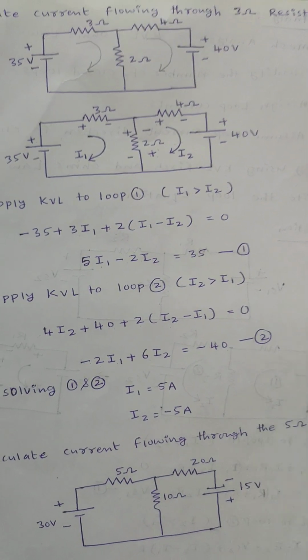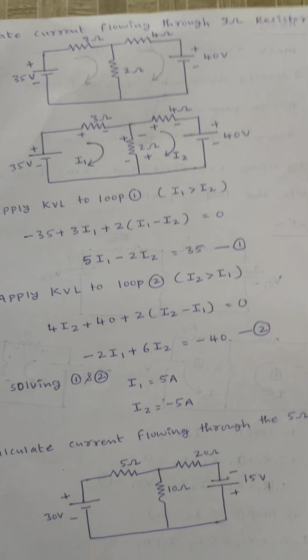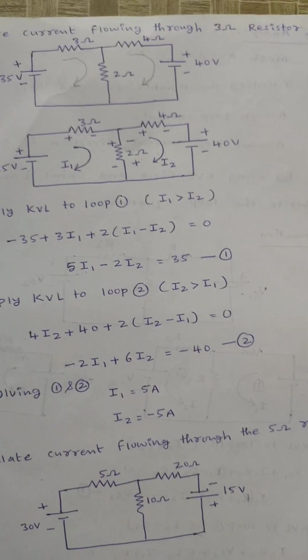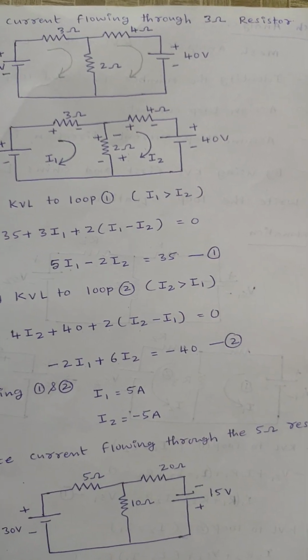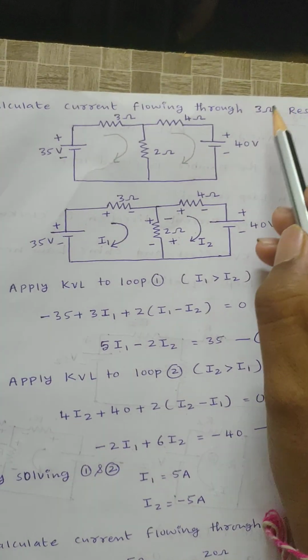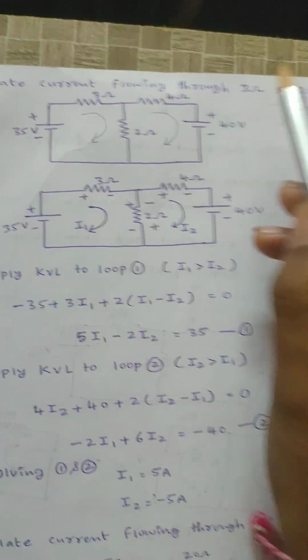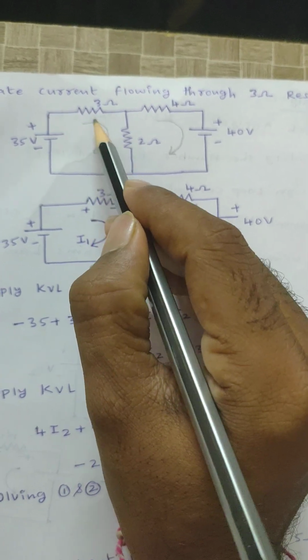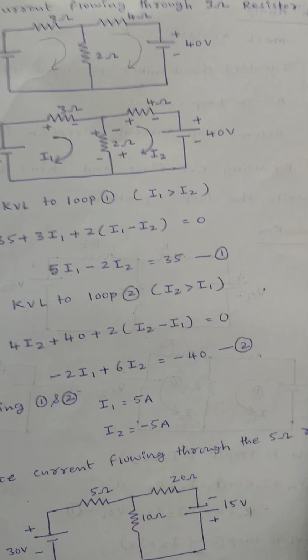This is equation number 2. While solving equations 1 and 2 in the calculator, you will get the I1 value as 5 amperes and the I2 value as minus 5 amperes. Here my aim is to calculate the current flowing through the 3 ohm resistor. The current flowing through the 3 ohm resistor is nothing but I1, which is equal to 5 amperes.